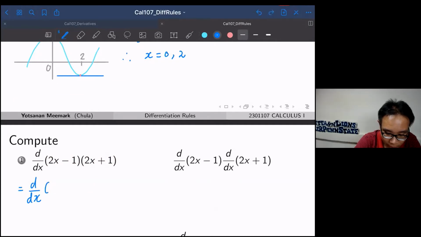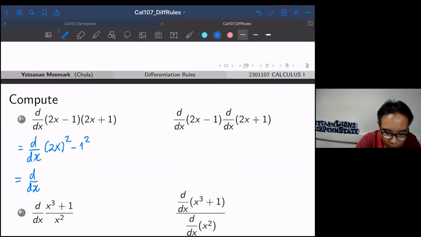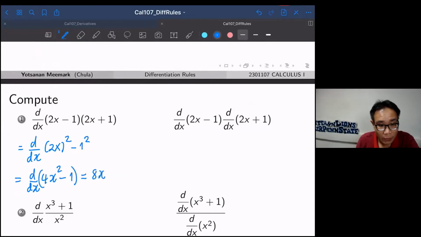Let me write it down step by step. It's going to be 2x squared minus 1 squared, so it's d/dx of 4x squared minus 1, and this has derivative equal to 8x.